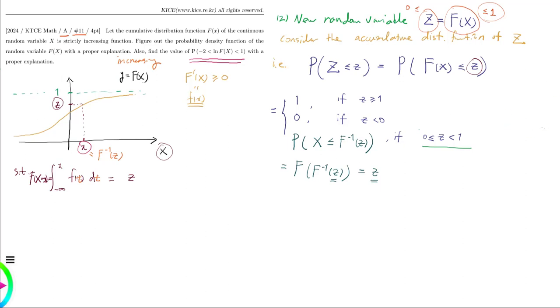So in this case, the probability density function we don't know yet, but the graph of the cumulative distribution function of capital Z looks like this from 0 to 1.